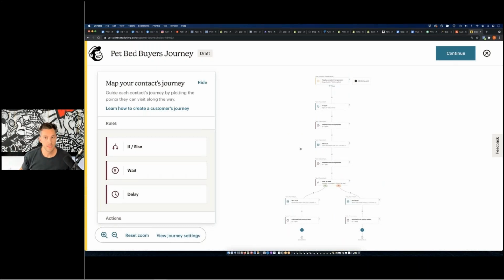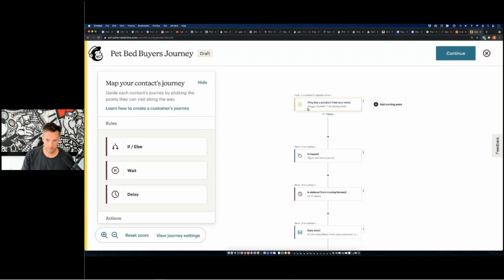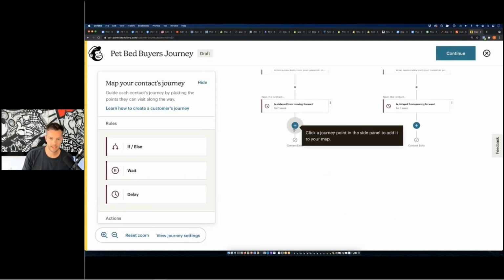So write this down. What we do is every single week, we come back to our pet bed or our pet buyers or dog buyers journey. That would be the product, right? The pet doggy cuddler is the product we're advertising on Facebook. And at the very bottom, we'll just hit add.